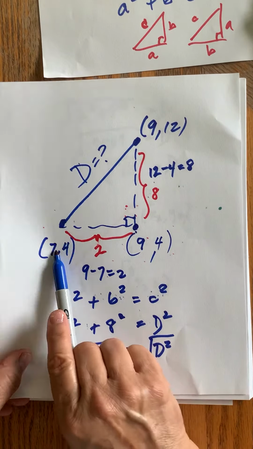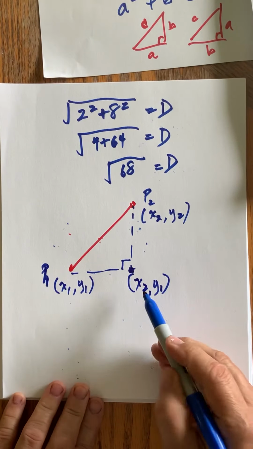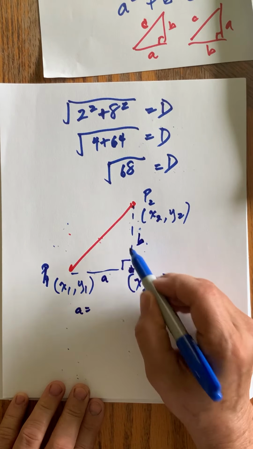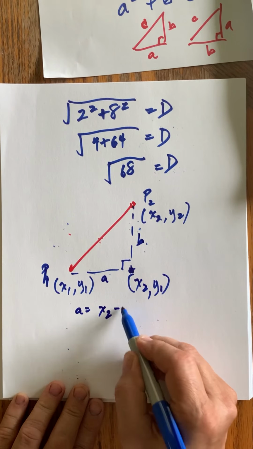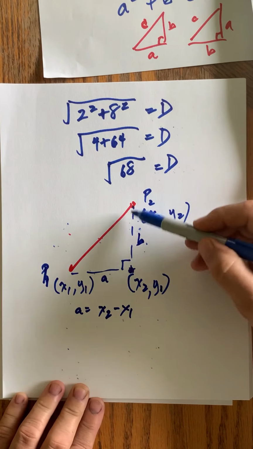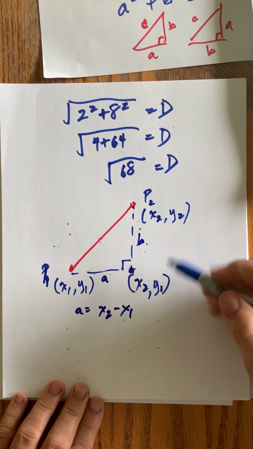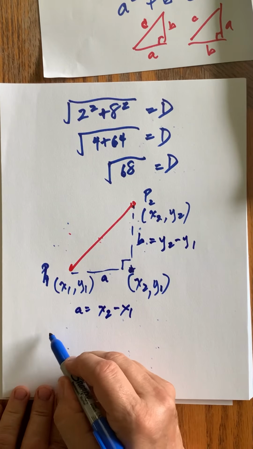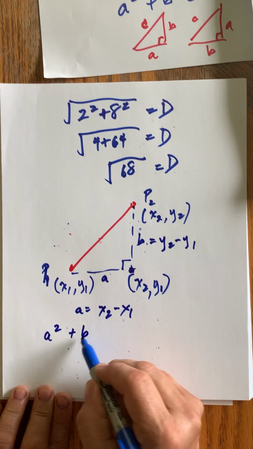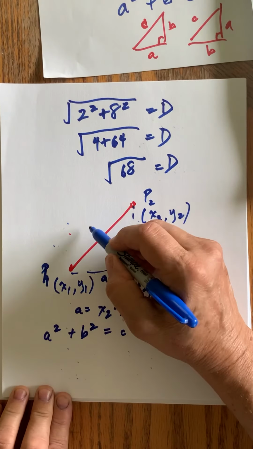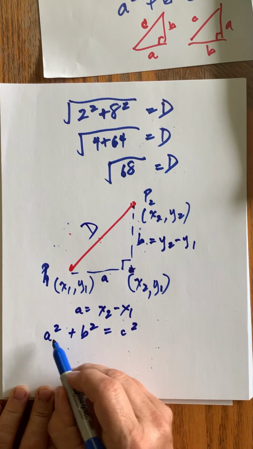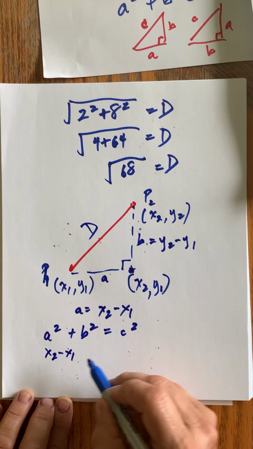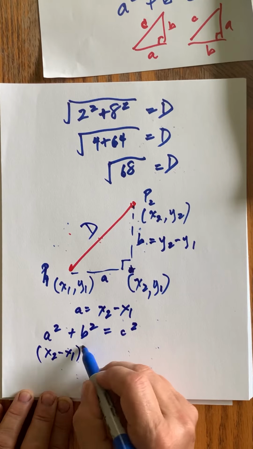We do 9 minus 7, but now they're just abstract points, and you say, this is side A, if I call this, and A is equal to x2 minus x1. And this side B, this length, is the difference in the y coordinates, so B is y2 minus y1. But we know that A squared plus B squared is equal to C squared, and we'll call this D. So here we know A is x2 minus x1, and then we want to square it.